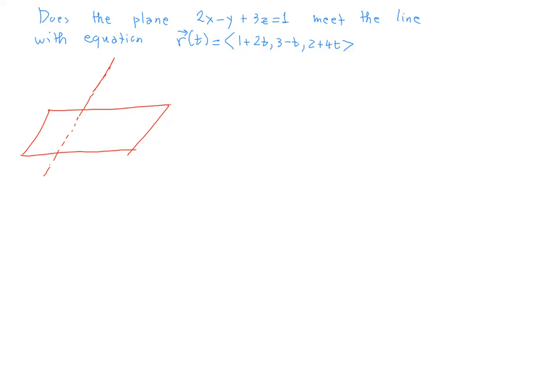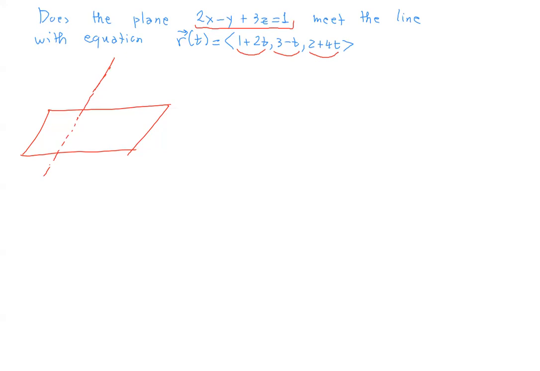The bottom line is this: every point of the line has coordinates given by these 3 numbers for different values of t. On the other hand, the plane has as its points those that satisfy the equation of the plane, which is this one, right? So all we need to do is take those 3 components of the line and plug them into the equation of the plane and see if we can solve that for a t.